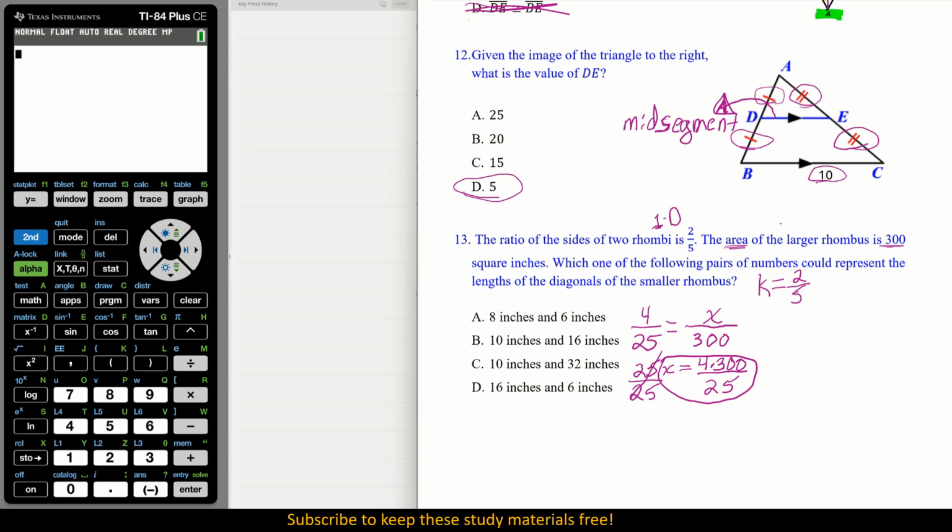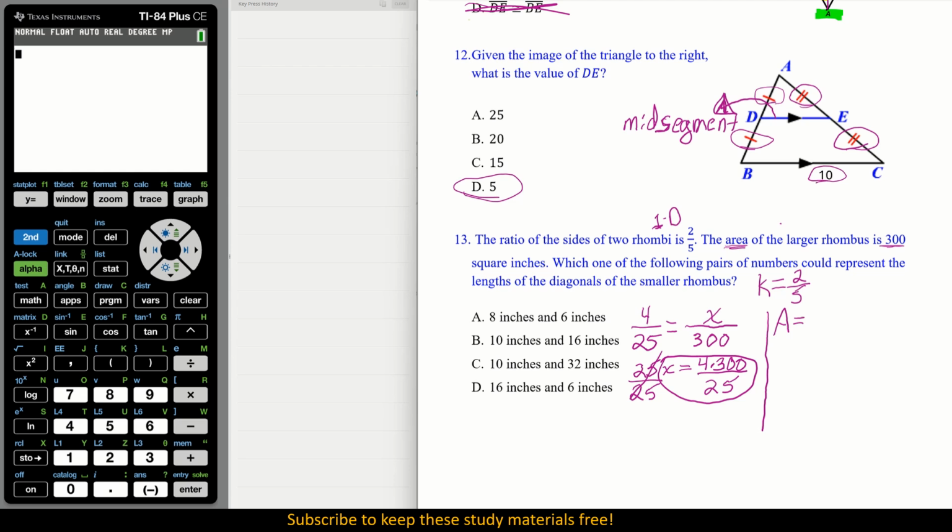But before we put that in the calculator, let's set up what we need over here. Okay, it says, which one of the following pairs of numbers could represent the lengths of the diagonals? Okay, so we need of the smaller. So we have the values that we need for the area. So we're talking about the area of the smaller guy.